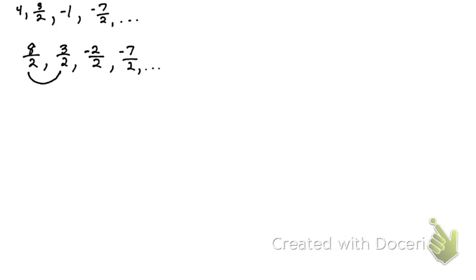Now we're going to be able to see an arithmetic sequence because the numerators are dropping by 5. That means I'm subtracting 5 over 2 over and over and over. So that's minus 5 over 2. That is minus 5. That's an ugly 5. That's a better 5 over 2. And that's a negative 5 over 2.